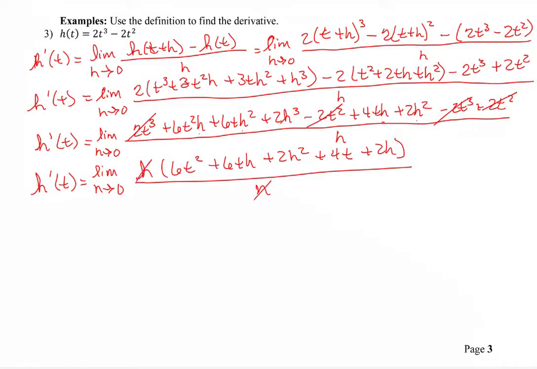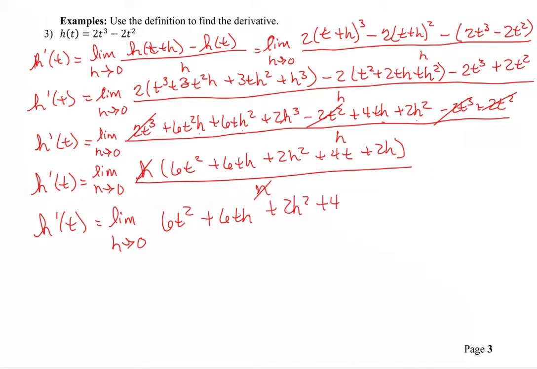So this h and the h I factored out cancel. So I'm left with the limit as h goes to 0 of 6t squared plus 6th plus 2h squared plus 4t plus 2h.